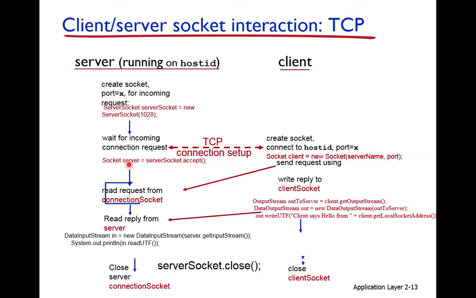This socket is returned by the accept method. In the accept method, the server socket is waiting for a connection. When the connection request from the client arrives, the server socket accepts the connection and creates a new socket, which is called server. If you want to send data to this client, you have to use this socket. And again, the server socket is waiting for a new connection request from others.